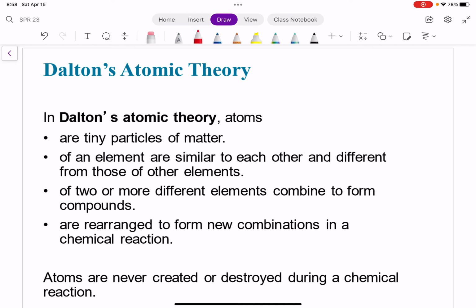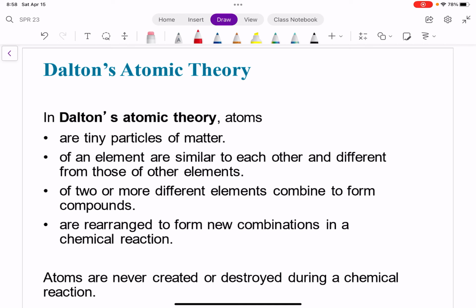And his atomic theory still forms the basis of atomic theory today. We've made some modifications since 1808 when his theory came about, but his basic atomic theory is still very useful today.